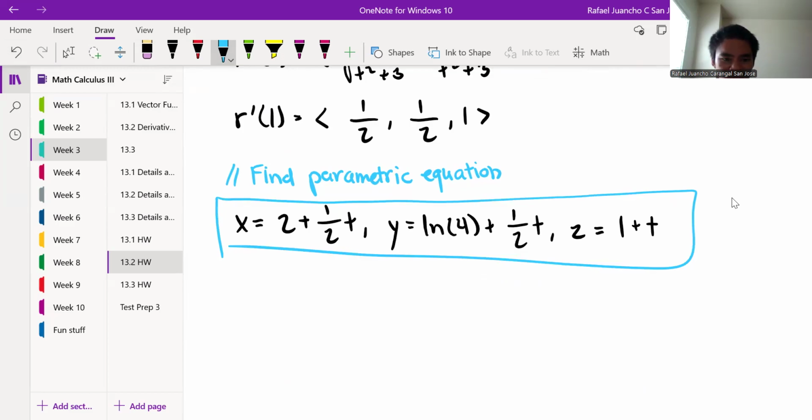So I'm just going to plug it in, see what happens. So we have 2 plus 1/2 t, comma, then ln 4 plus 1/2 t, and then 1 plus t.